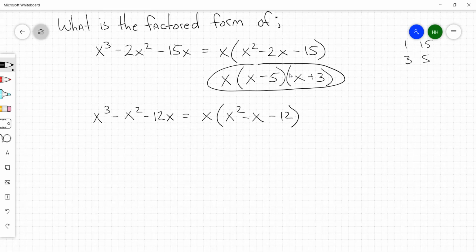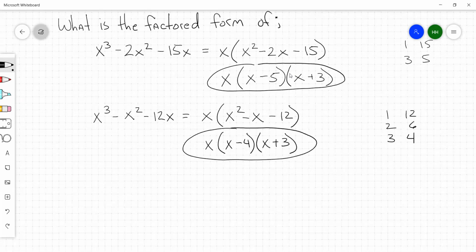You're looking for factors of 12 that can combine to a 1. So out of a 1 and 12, 2 and 6, and 3 and 4, it's going to be the 3 and the 4. So you just have to adjust your signs accordingly. So right here we got x times, this is going to be x minus 4 times x plus 3. There's your factored form.